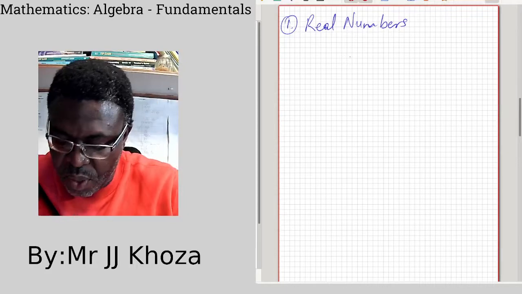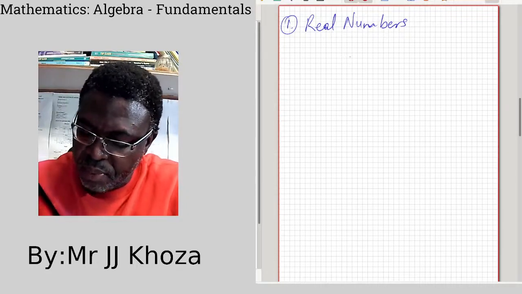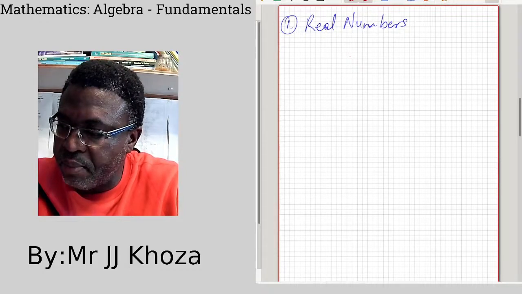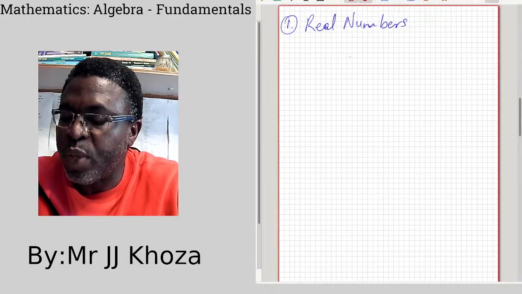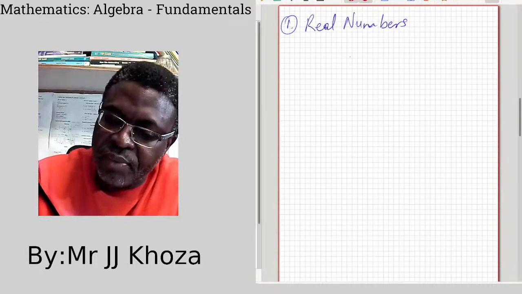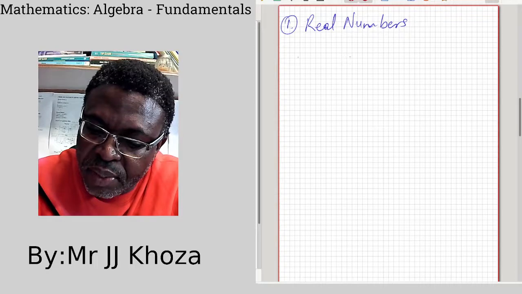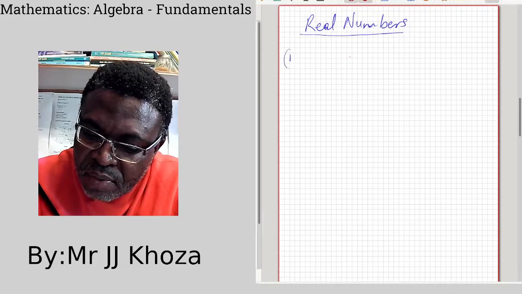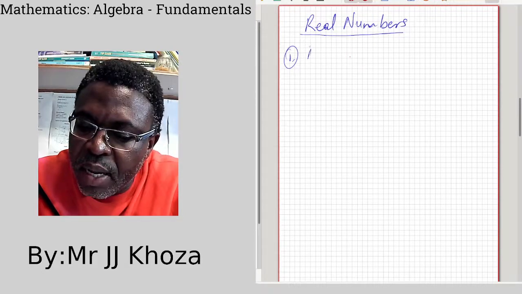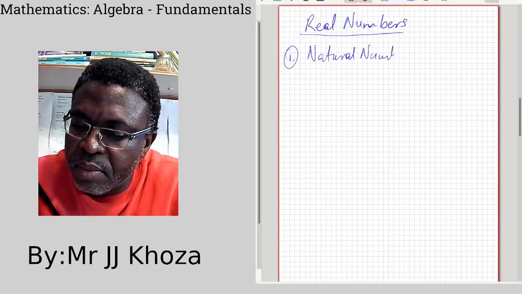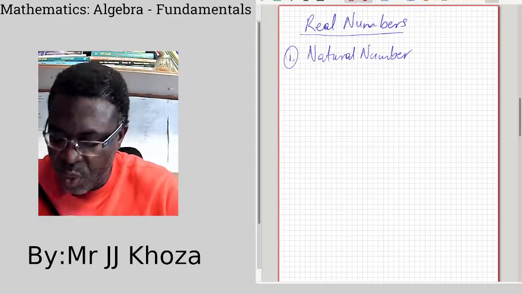When we talk about real numbers, the real number system is the system that we use for numbers. So we will start with the first one: the natural number. What is a natural number?